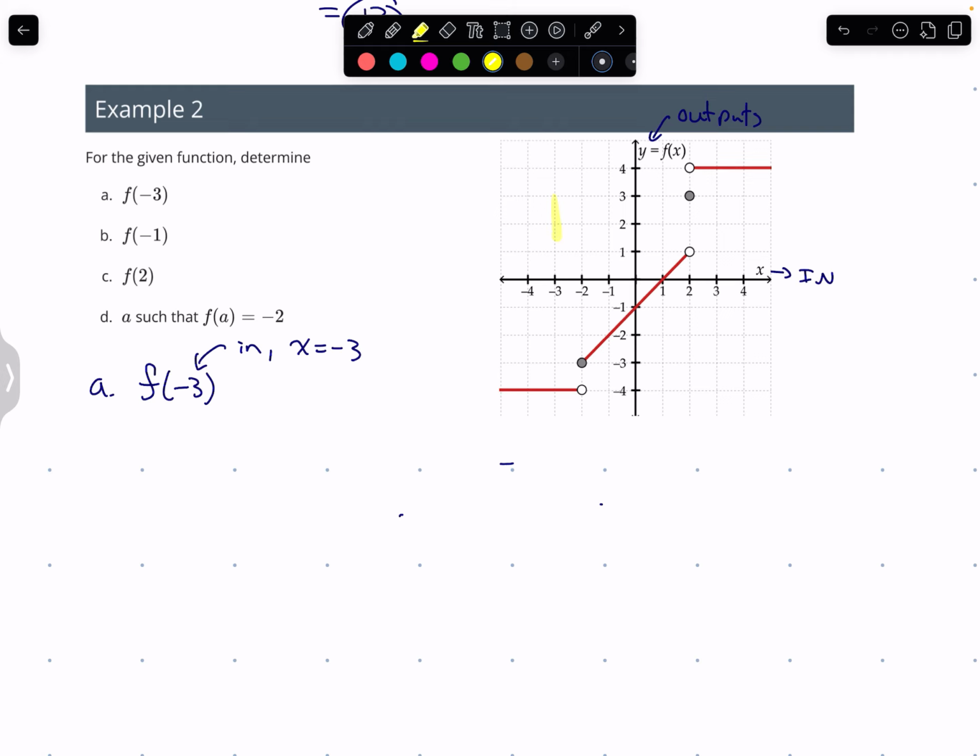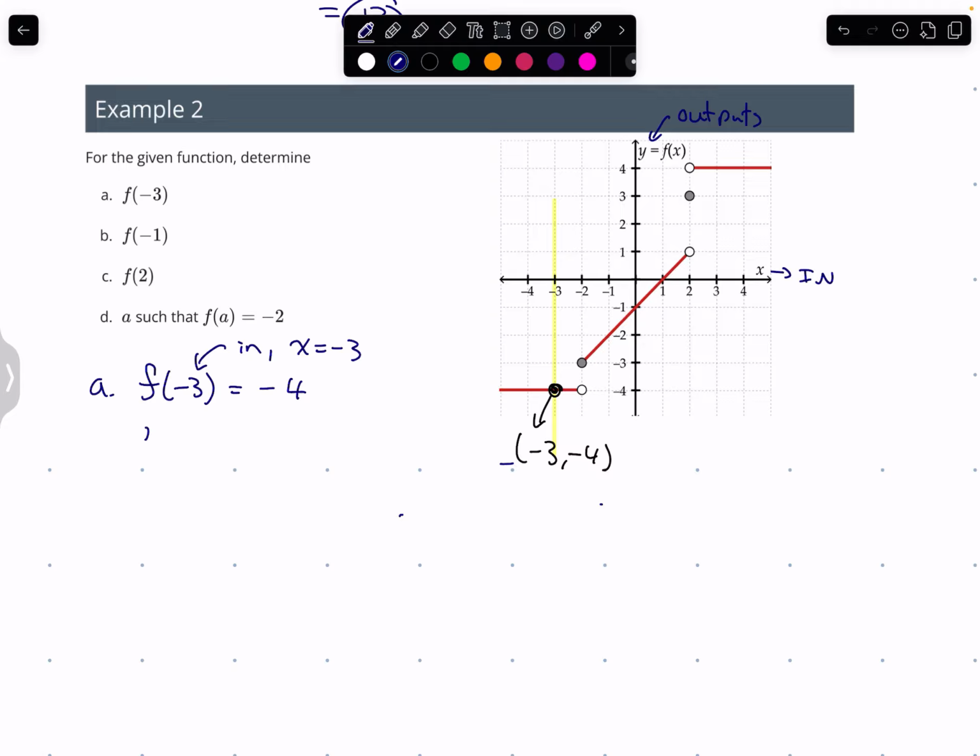So it's almost like I draw a little imaginary line going through x equals -3, and I find my point of intersection here, which is this coordinate, which would be the coordinate -3, -4. So my output when I input a -3 would be -4.